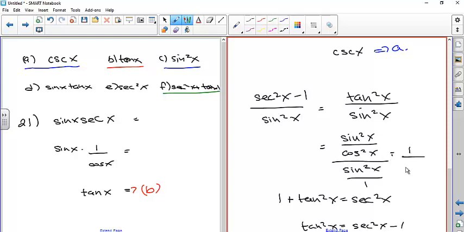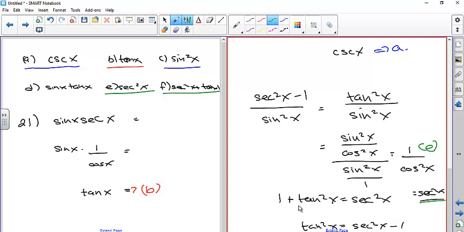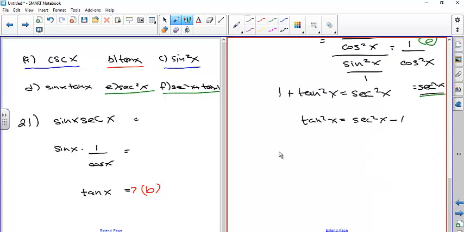So what you'll end up with is 1 over cosine squared, which is, using the reciprocal identity, the secant squared. So that's that. That agrees with E. So this one becomes choice E. And so we know what the final answer is. We just have to prove that it is that.